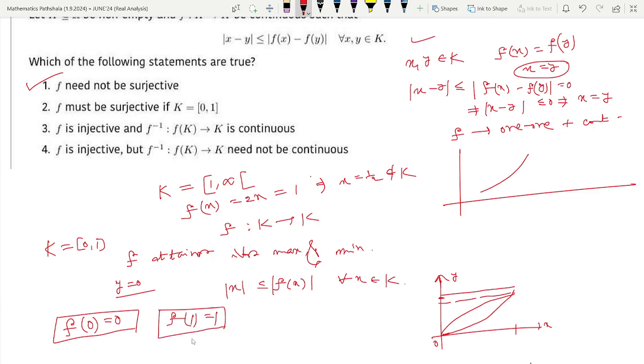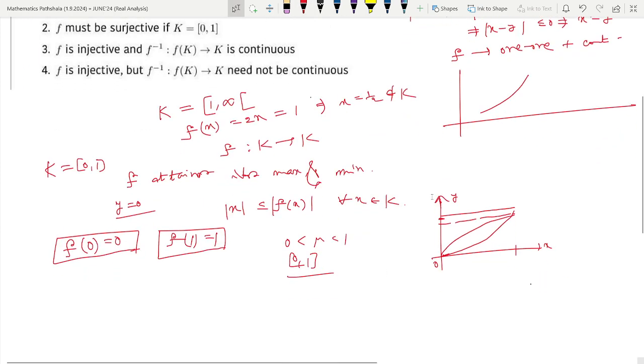And if this happens, then as f is continuous, f must be surjective, because any point between 0 and 1 has a pre-image in closed interval [0, 1] as f is continuous.